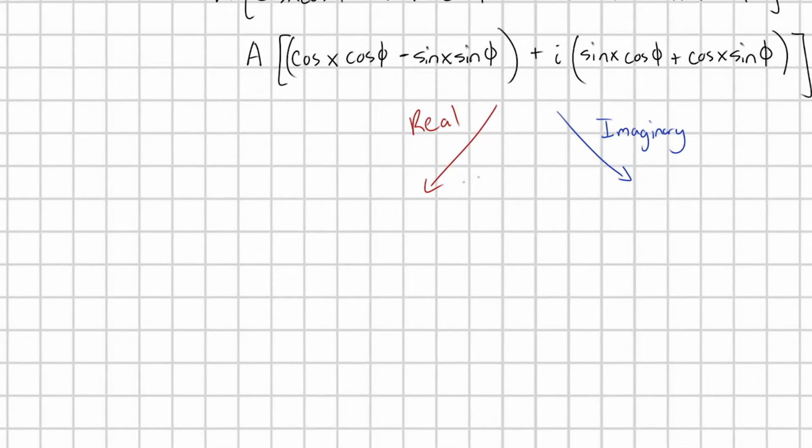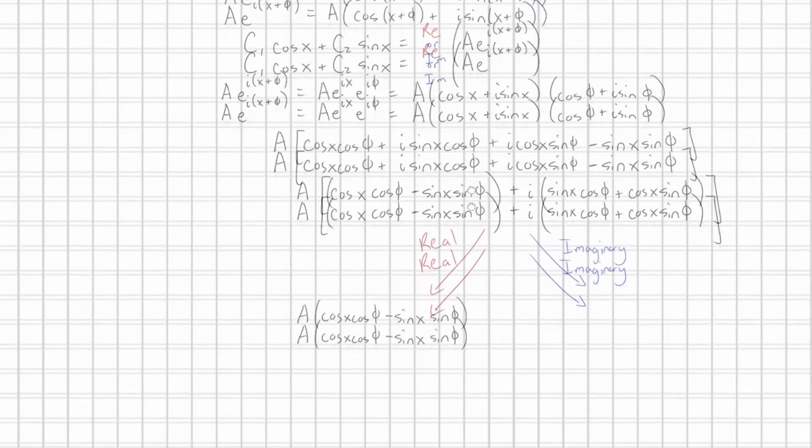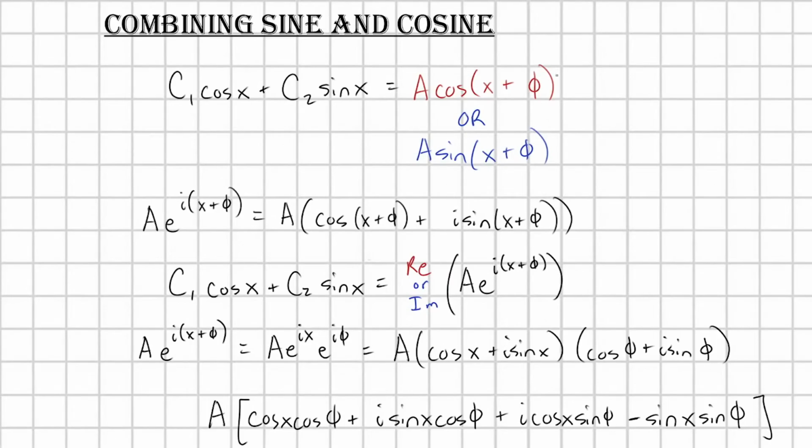So let's explore this. If I choose to take the real part of this equation here, I'll be left with A times (cosine x cosine phi minus sine x sine phi). So again, I've chosen to go down this route. I'm solving for A and I'm solving for phi such that C1 cos x plus C2 sine x equals A cosine (x plus phi).